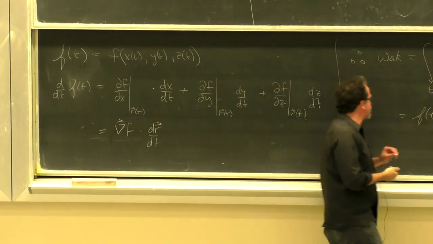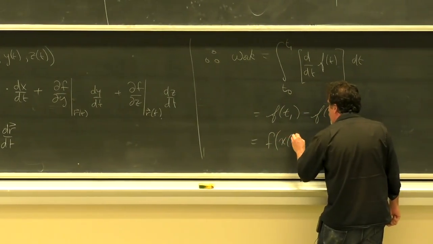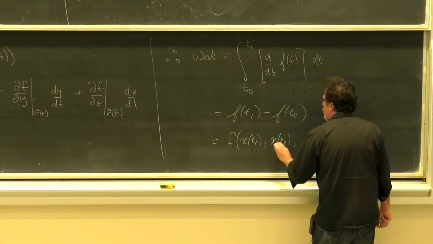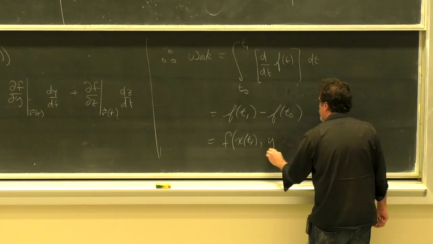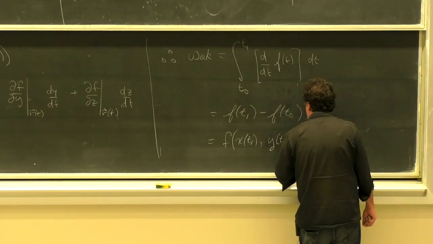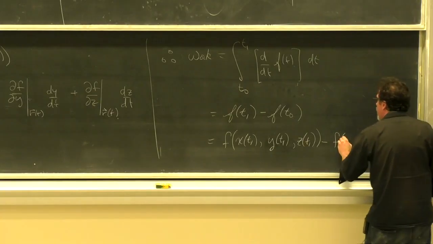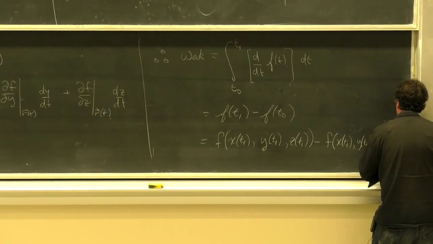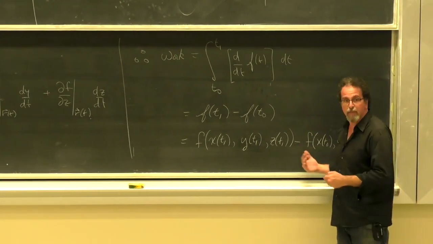And so this is f of x of t1, y of t1, z of t1, minus f of x of t0, y of t0, z of t0. That's it. And this was the change in that potential.